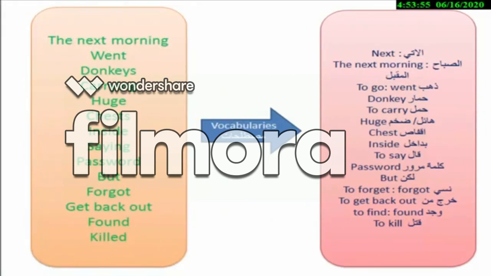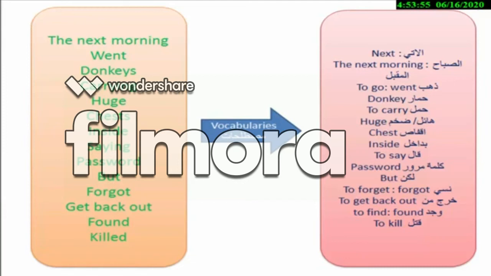As you see, there are 2 columns. Let us start from the column on the left side. The next morning. Went. Donkeys. Carrying. Huge. Chests. Inside. Saying. Password. Forgot. Get back out. Found. Killed.